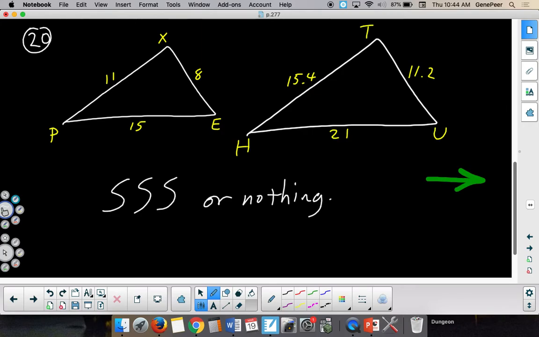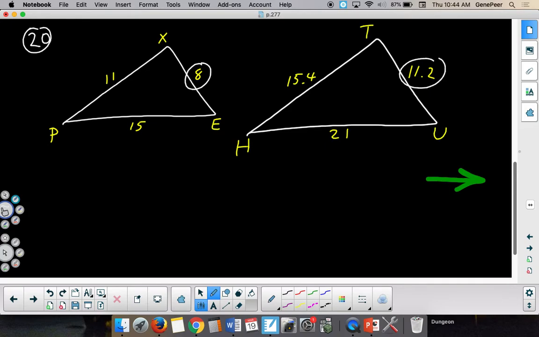Some of these work, some of these don't. So how are we going to check that out? We write three ratios. For the little triangle, we find the smallest side. There it is, 8. And in the big guy, we find the smallest side. There it is, 11.2. We write a ratio, 8 over 11.2. We ask ourselves, is that equal to? Then let's go with the middle-sized guy over here, the 11.